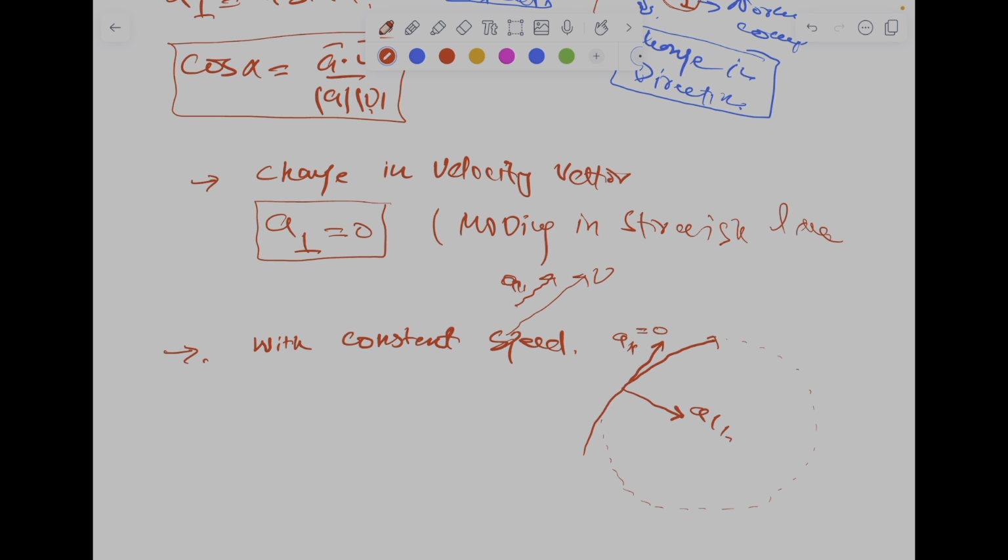So if the particle is moving with constant speed in a circle, the parallel component is 0 but the perpendicular component is not 0, and this motion is known as circular motion.